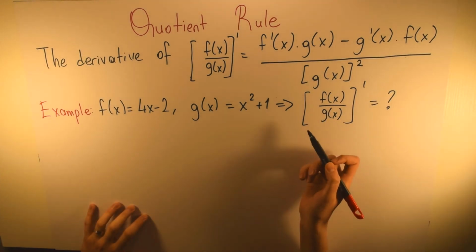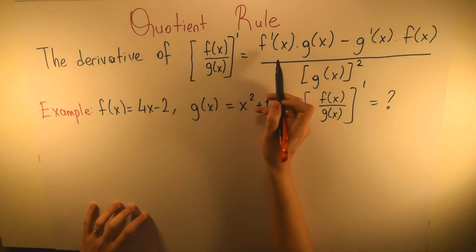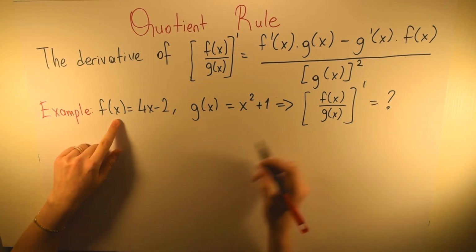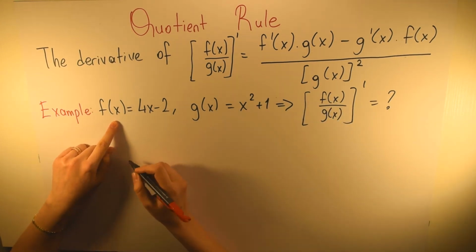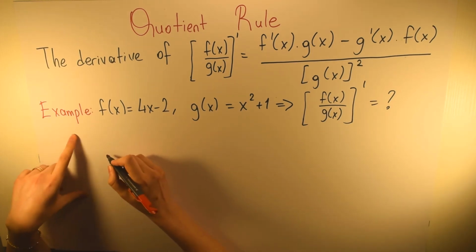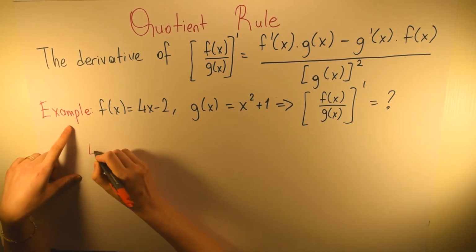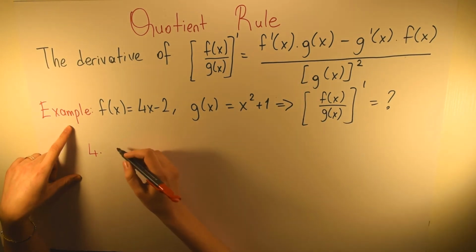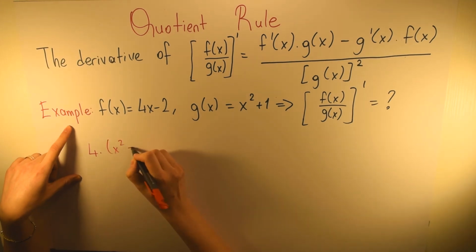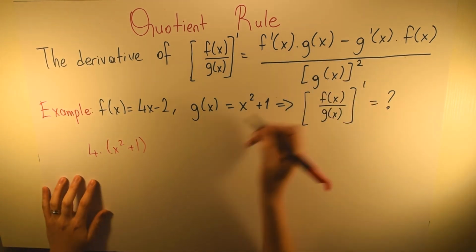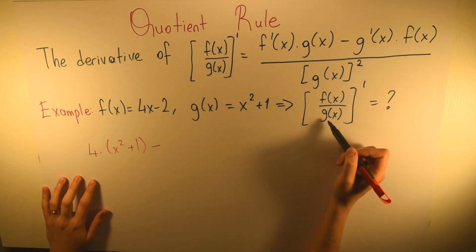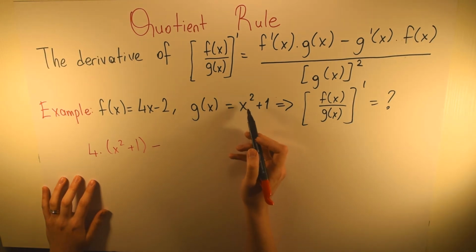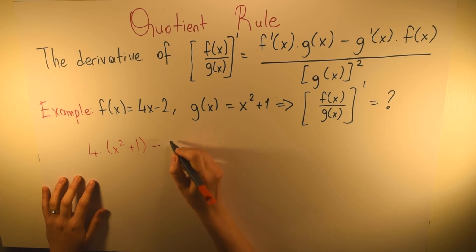So let's begin by using our formula here. So first, we will take the derivative of the first one. So the numerator here, which is f of x, so let's do that. The derivative of f of x is equal to 4, times the second function, the denominator, which is equal to x squared plus 1, okay, minus the derivative of the denominator, which is here x squared plus 1, and its derivative is equal to 2x, right?